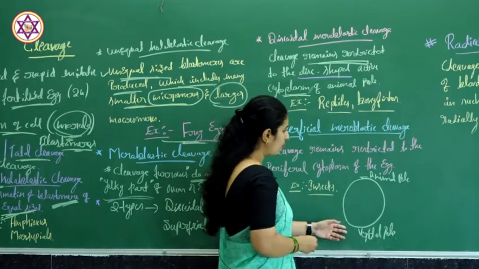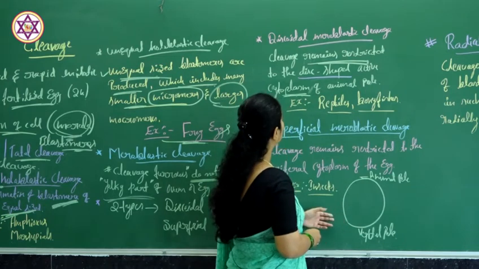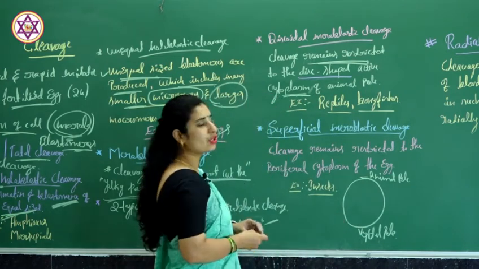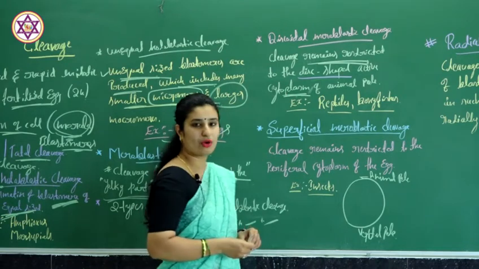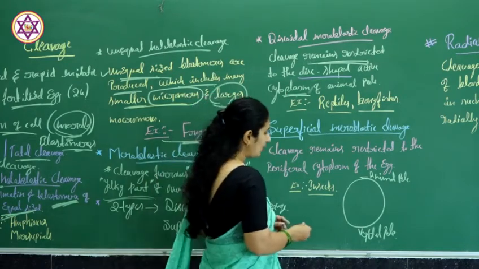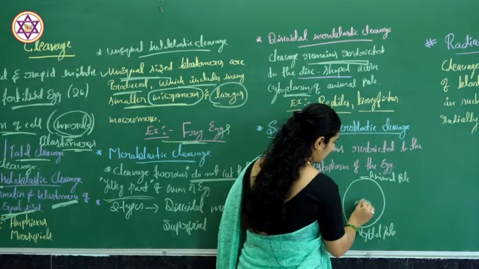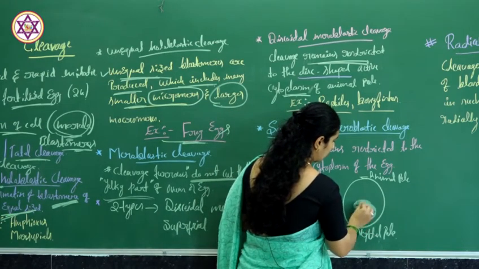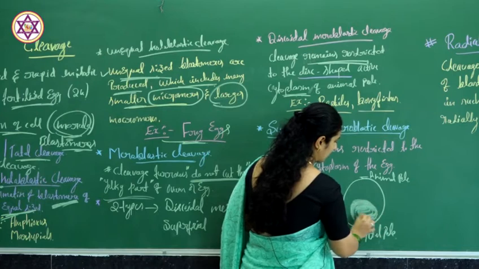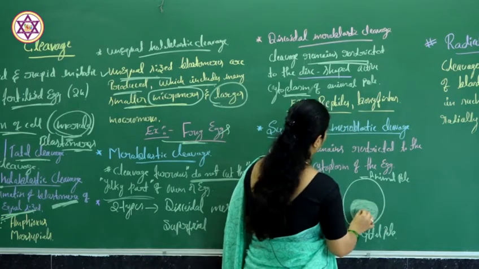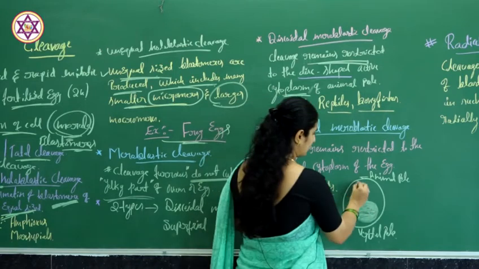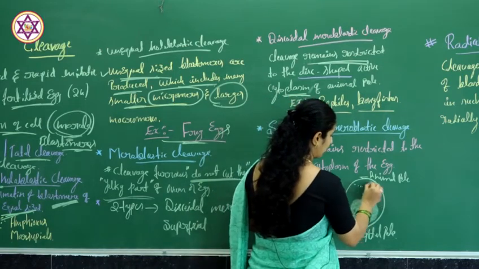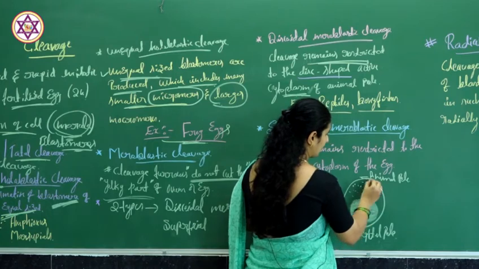Cleavage remains restricted to the disc-shaped active cytoplasm of the animal pole. Consider here we have the yolk part, and this particular part is the cytoplasmic region, where active cytoplasm is present.